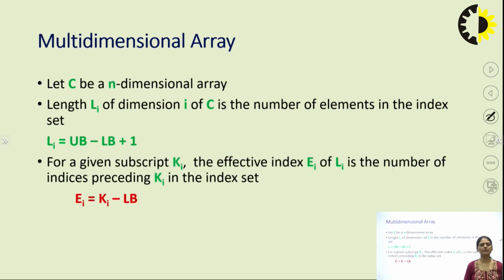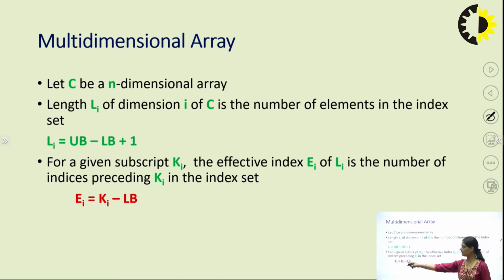So for the given subscript Ki, the effective index Ei for Li is the number of indices preceding Ki in the index set. So for every dimension inside a multidimensional array, we need to find the effective index for address computation.